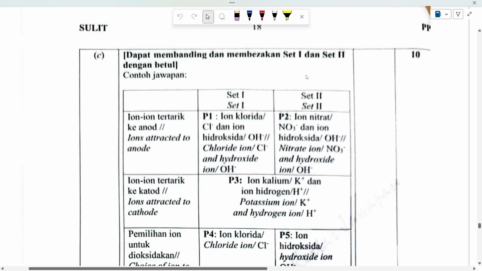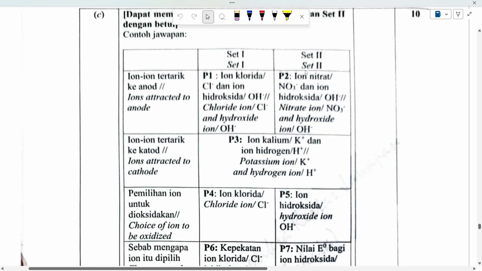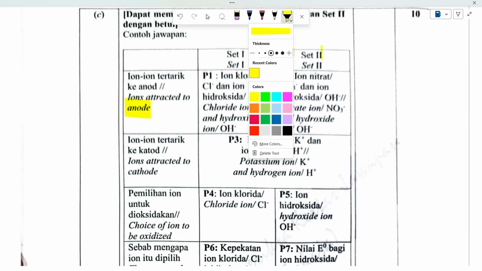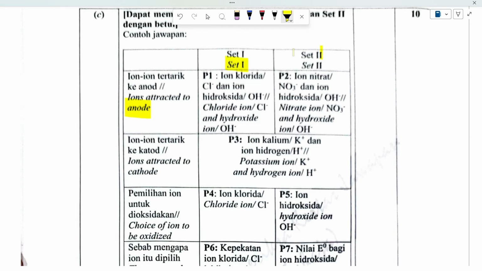We can make a table like this to present. So first one, ions that are attracted to the anode. For set 1 and set 2. So set 1, chloride and hydroxide.